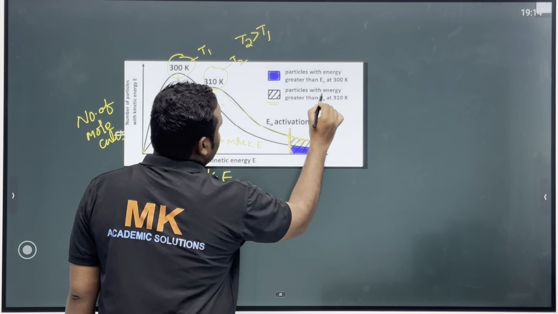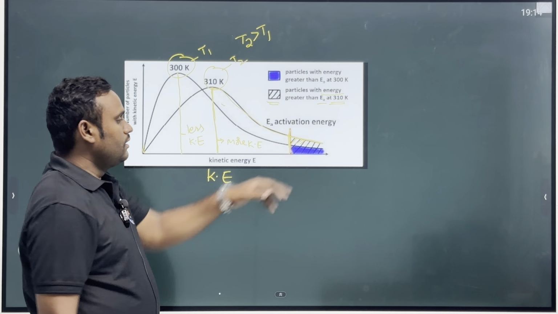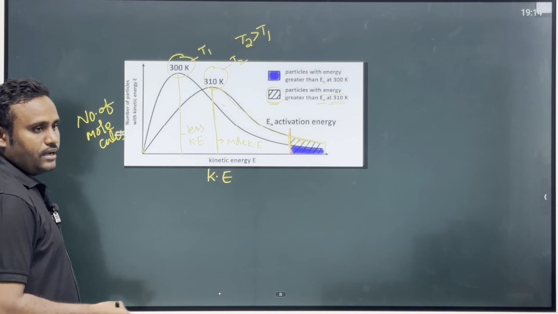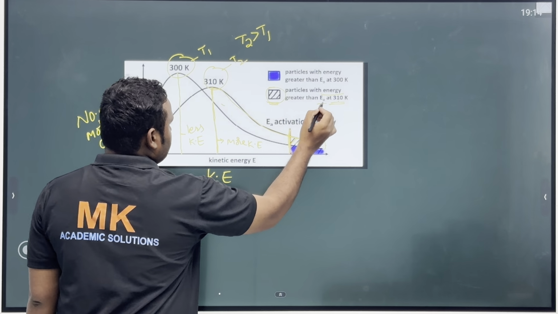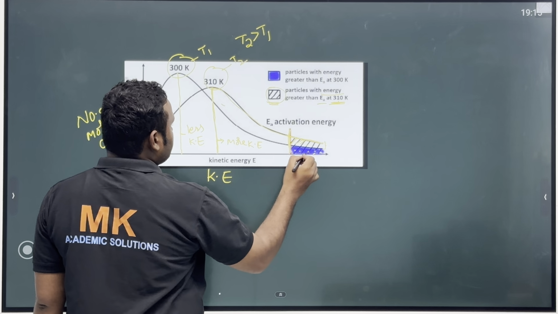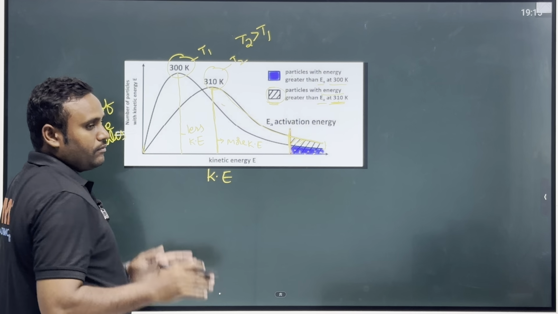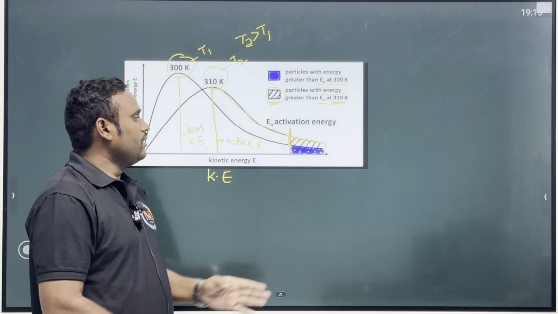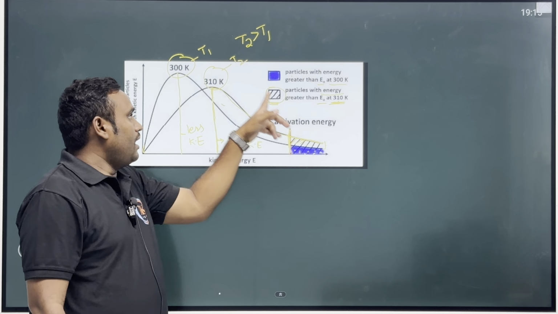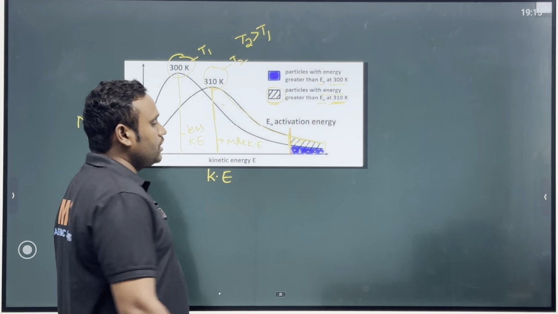This is the particles with energy at 310 Kelvin, so these number of molecules are crossing the energy barrier at activation energy at temperature T2, and this blue colored one is particles with energy greater than activation energy at 300 Kelvin. This graph tells us very clearly that at more temperature, more molecules are crossing the activation energy, and at less temperature, fewer molecules are crossing the activation energy.